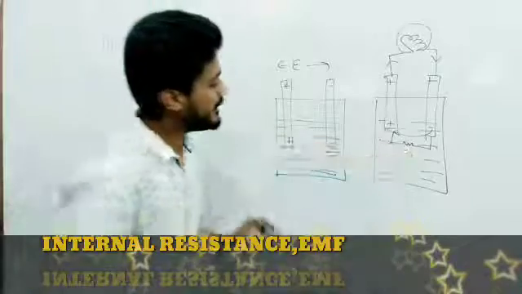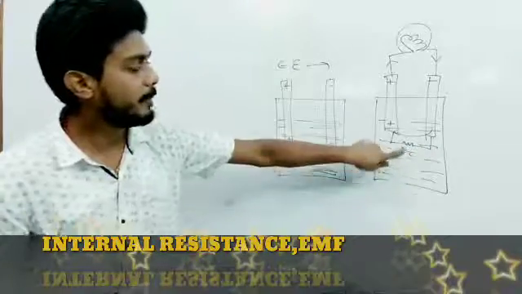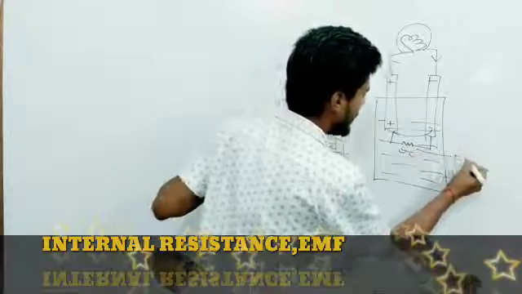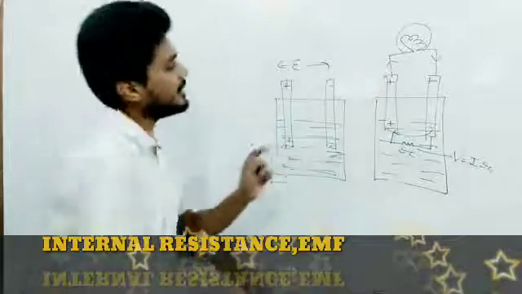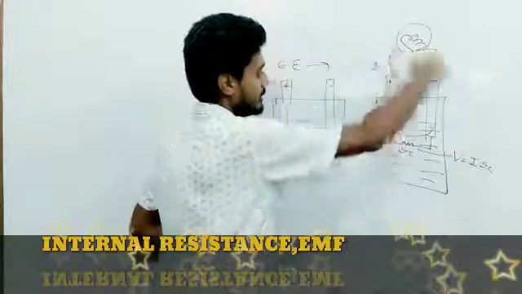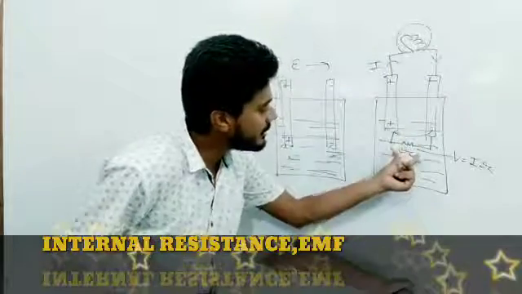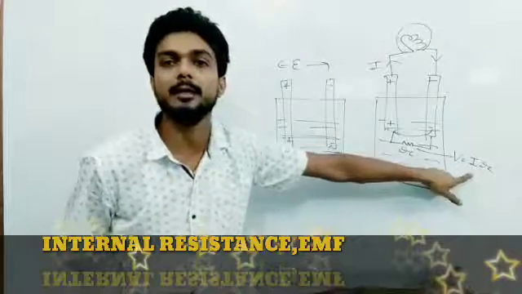Suppose that the internal resistance is small r. Then according to Ohm's law, the potential drop is V equals IR. Suppose there is a current I in this circuit, then due to this internal resistance there will be a potential difference of Ir.